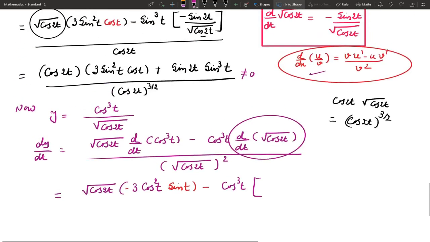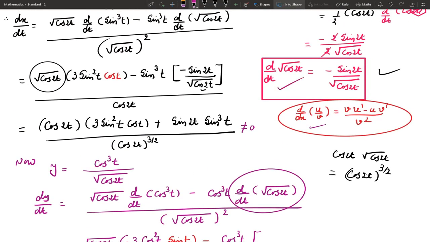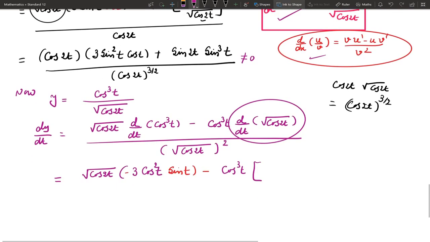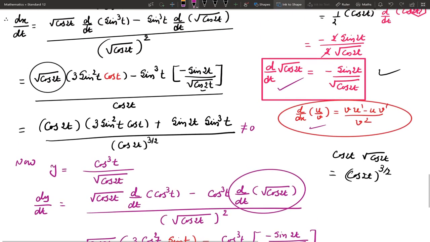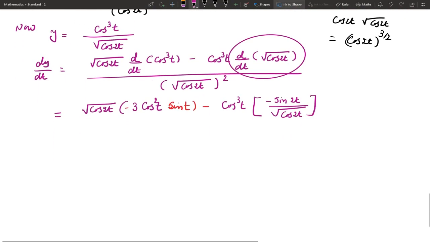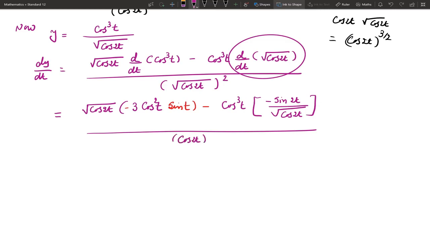We have already obtained d by dt of root cos 2t, that is minus sin 2t upon root cos 2t, upon cos 2t.